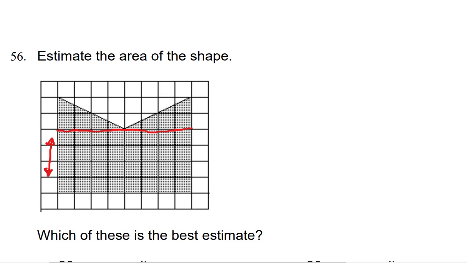Tell me. 1, 2, 3, 4. Yes, 4. And this one is 1, 2, 3, 4, 5, 6, 7, so 8. So this is 4 multiplied by 8 equals 32.